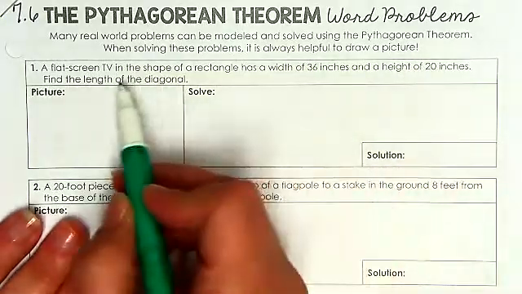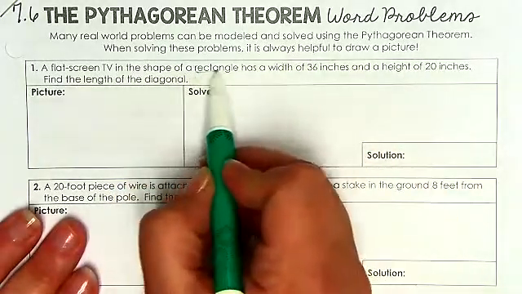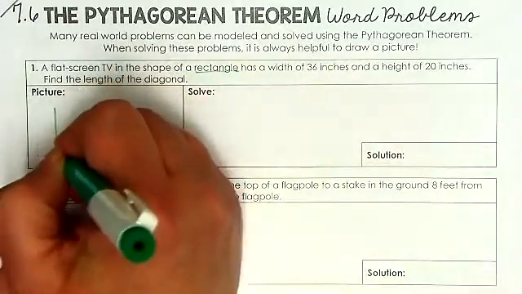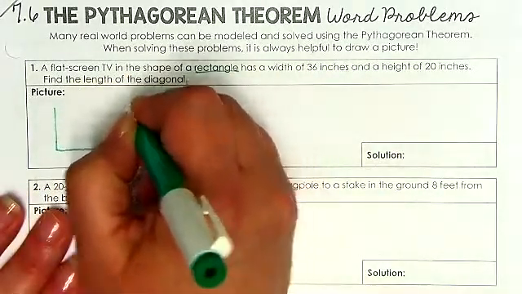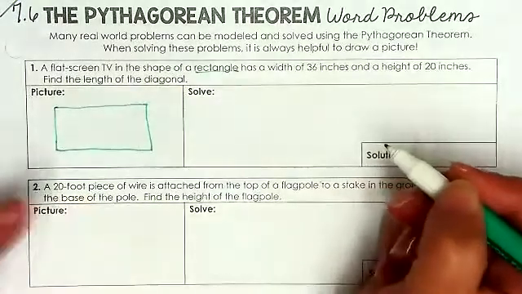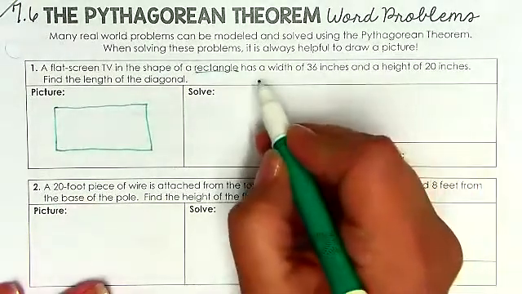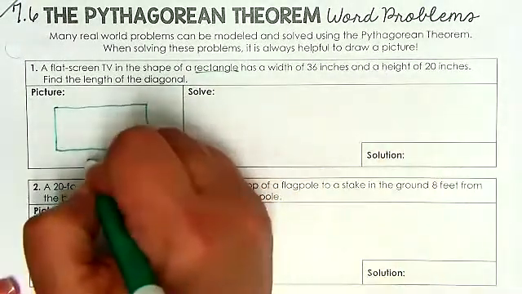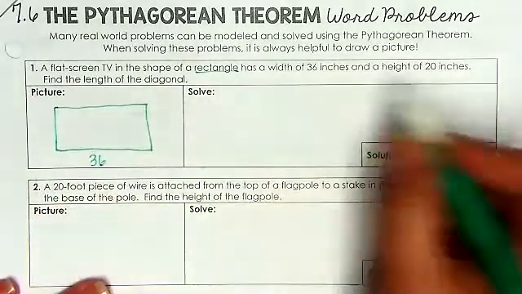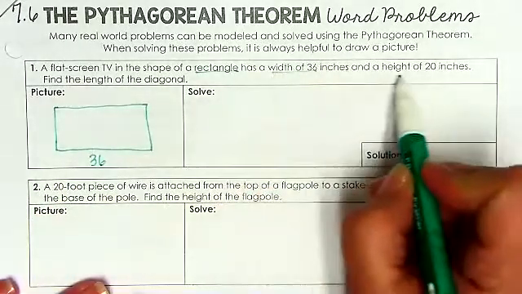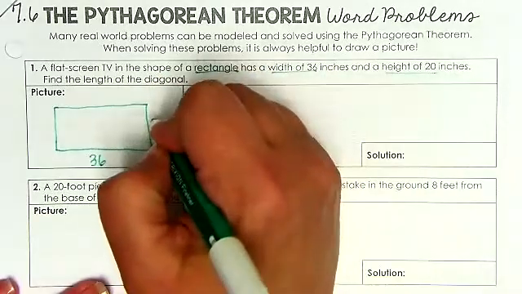So we have a flat screen TV in the shape of a rectangle. Okay, so I'm going to draw a rectangle. The rectangle does not have to be perfect. Okay, it has a width of 36, and a height of 20.